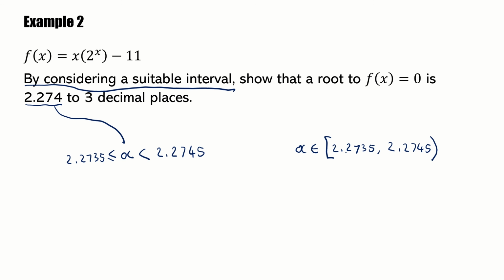Anyway, we now have the values we need to do our change of sign with, so that's what we're going to do. So first of all, plugging in 2.2735 and making use of function notation to show this stuff. We plug that in and we get, in this case, minus 7.75 times 10 to the power minus 3 to 3 significant figures.